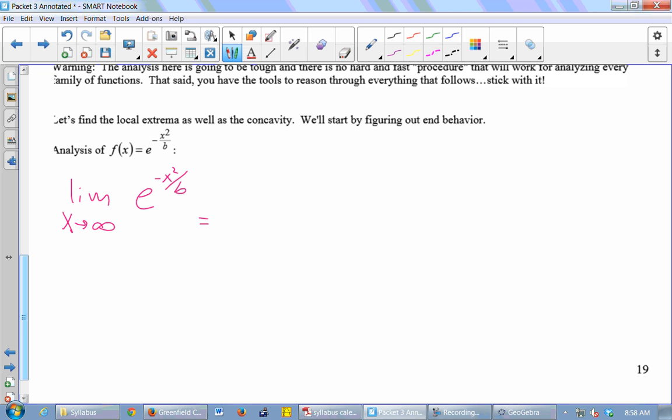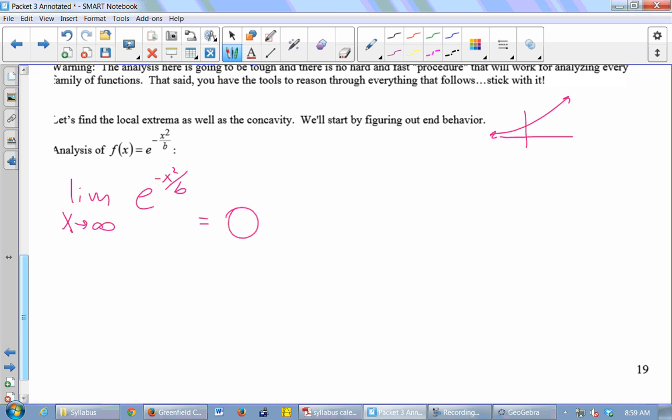So where is that going to go? E to a big negative number. 0. Yeah. If we just remember what e to the x looks like, right? And if we're raising e to something really large negative, e to that thing is going to go down towards 0.